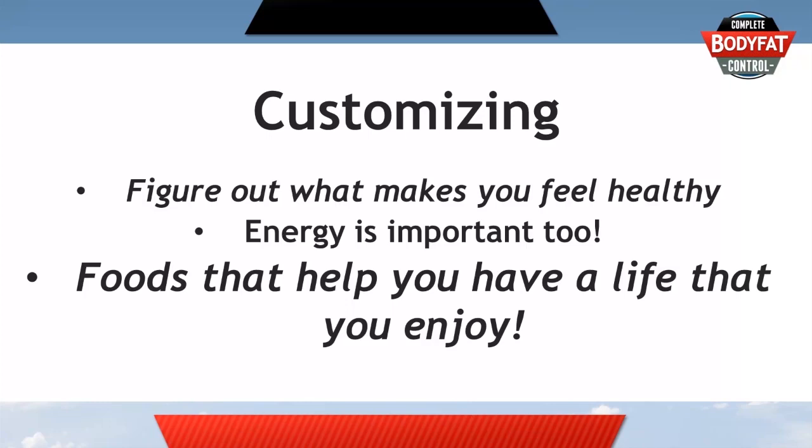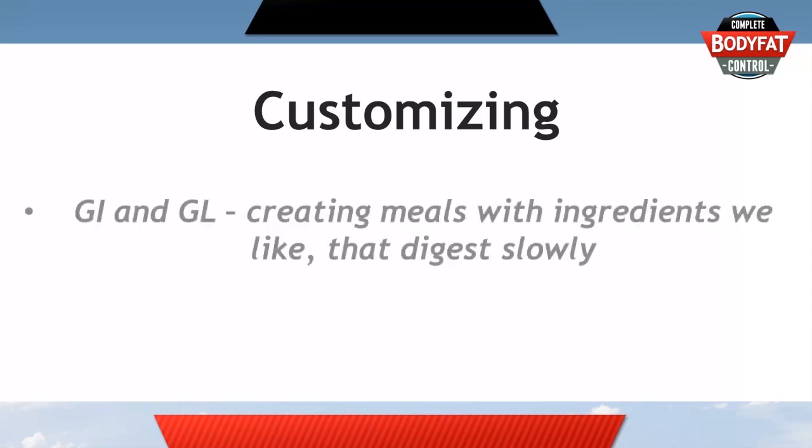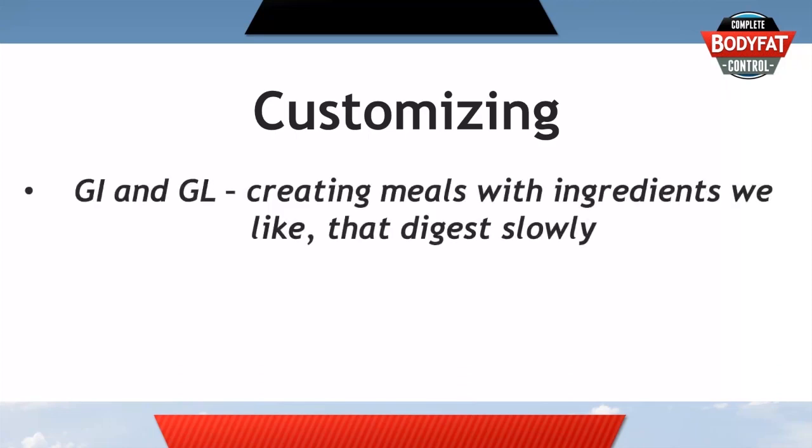So if we think through these meals and we think about GI and GL, basically what we're doing is wanting to create meals, depending on which ingredients we select, that's fine. But we really want to think about creating meals that are quite low GI, quite low GL, glycemic load, if you like.